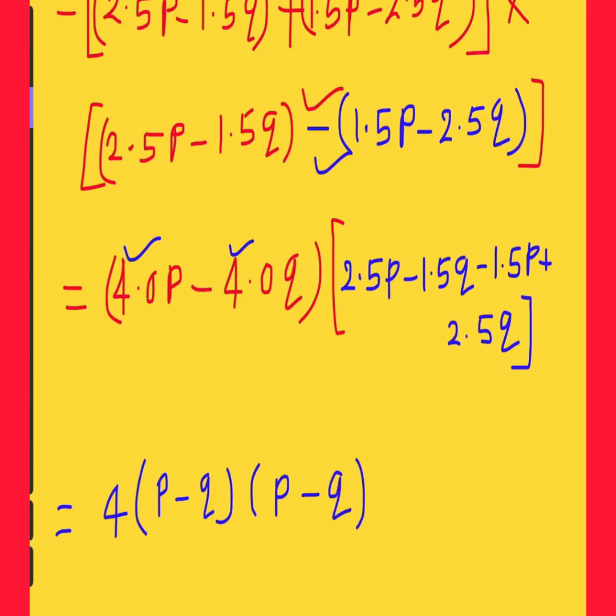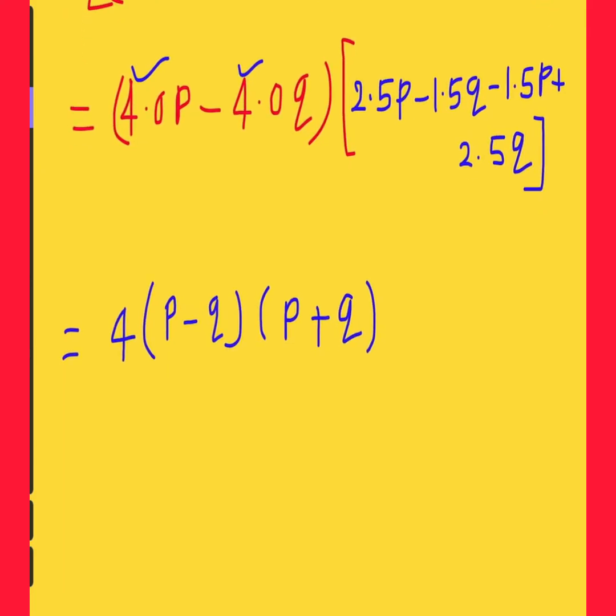See here, the sign will be plus q, because this 2.5 is greater than 1.5q and this 2.5 has the positive sign, so you put here plus q.